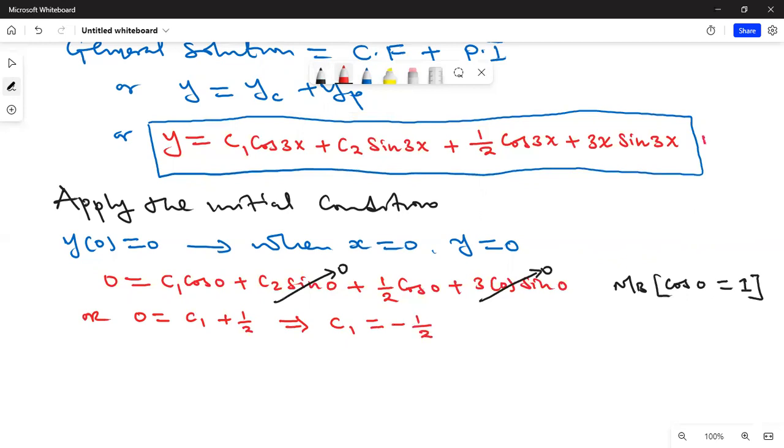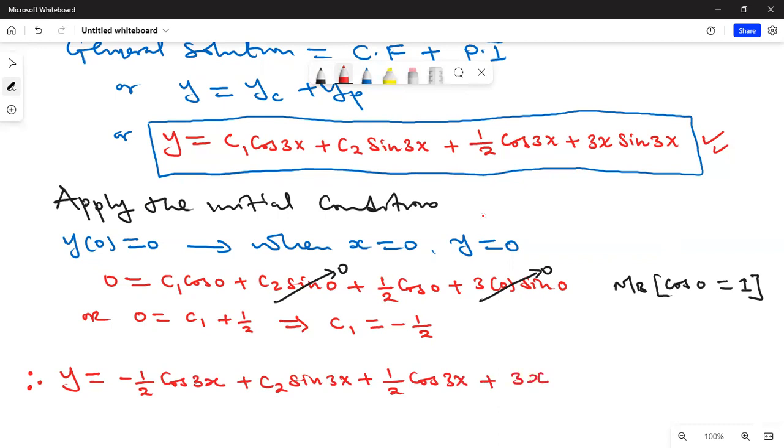So I now replace it into the general solution, and so you say therefore y is equal to negative 1 over 2 cos 3x plus C2 sine 3x plus 1 over 2 cos 3x plus 3x sine 3x.